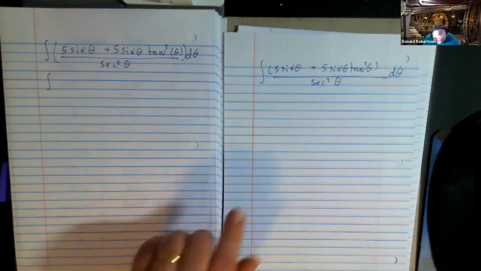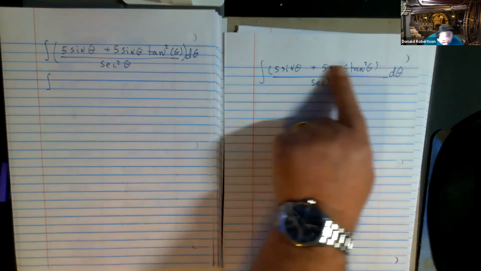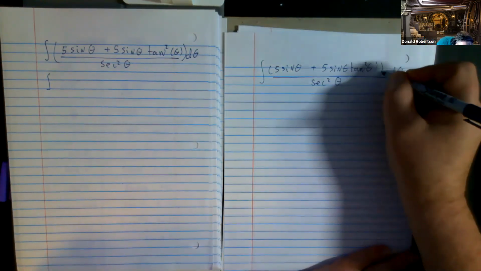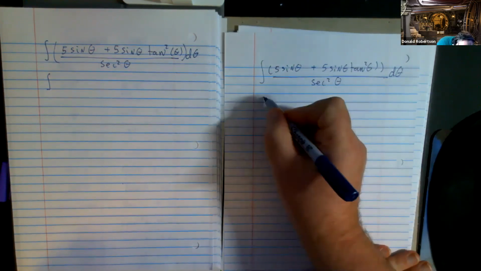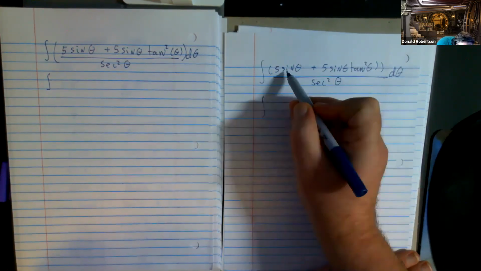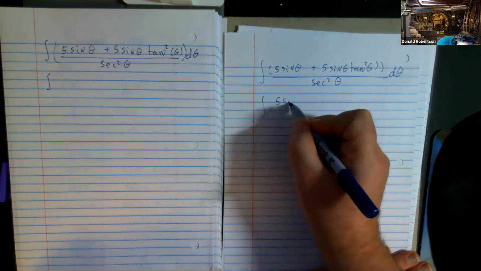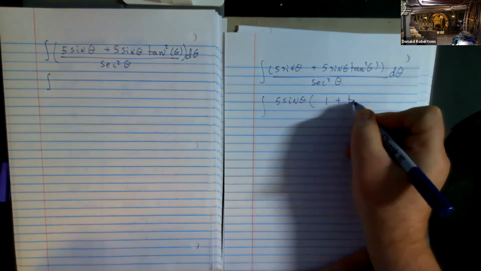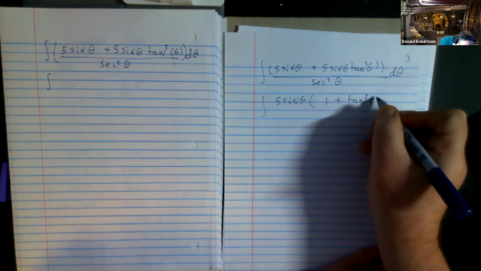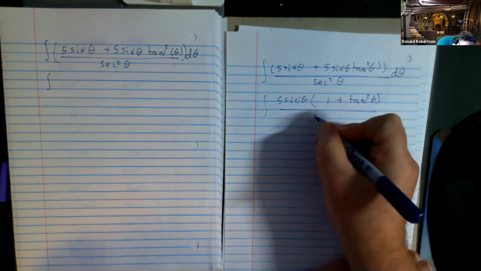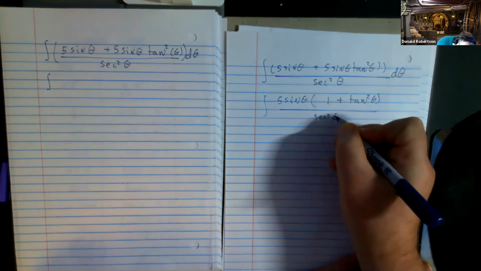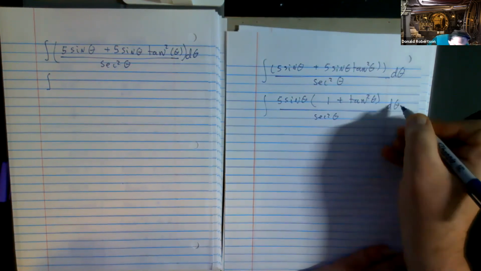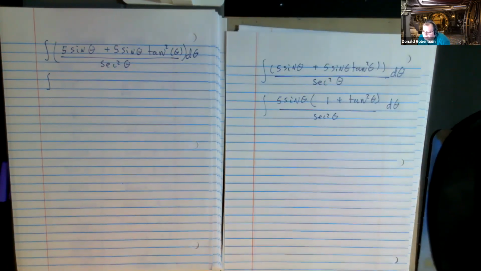So let's look at this guy. Top row. Do you notice that they both share a common factor of 5 sine theta? So if I pull that out, I get that. Are you okay with that? A 5 sine theta in both terms?